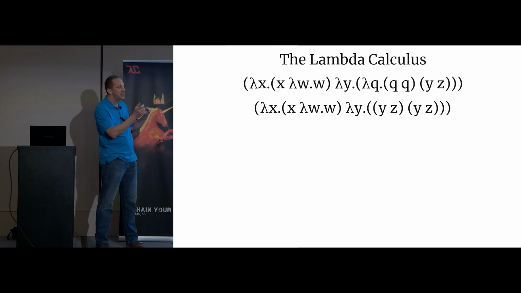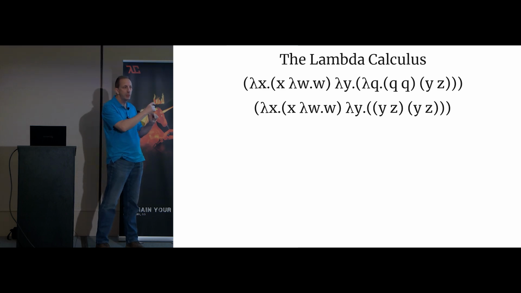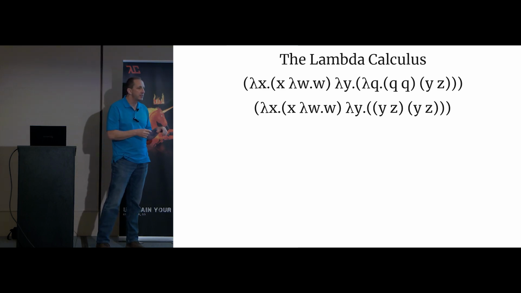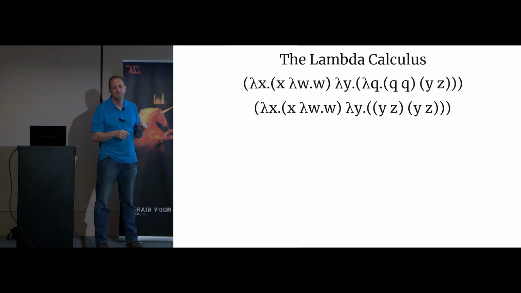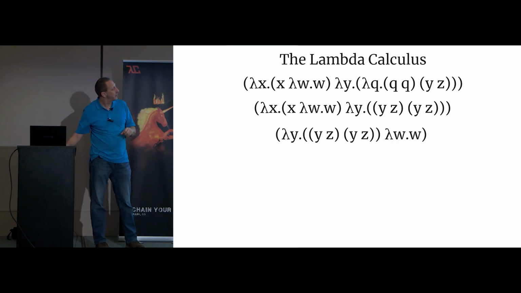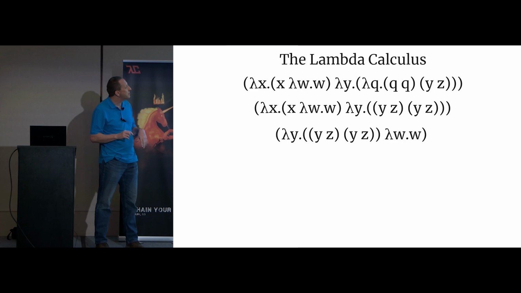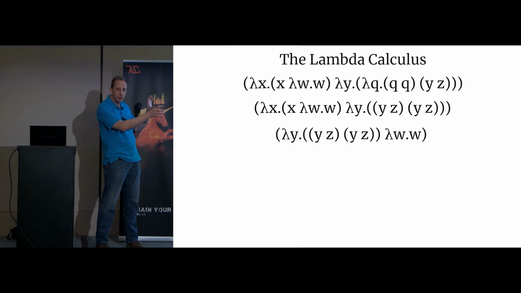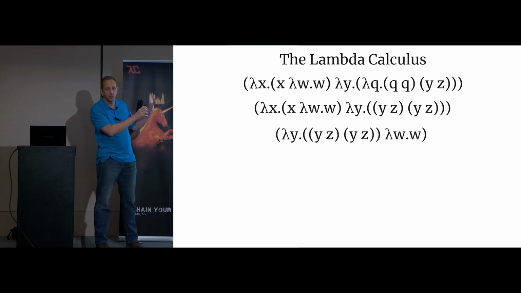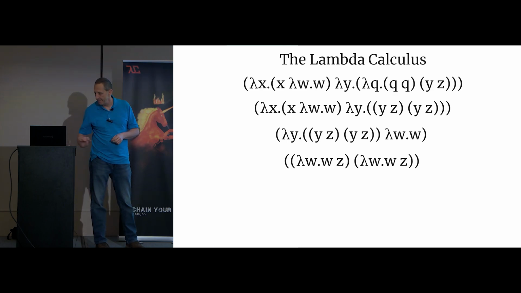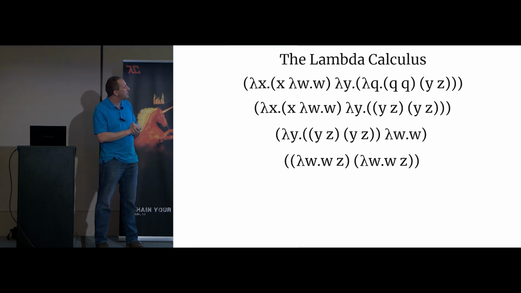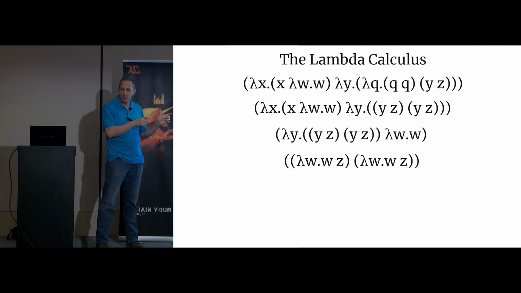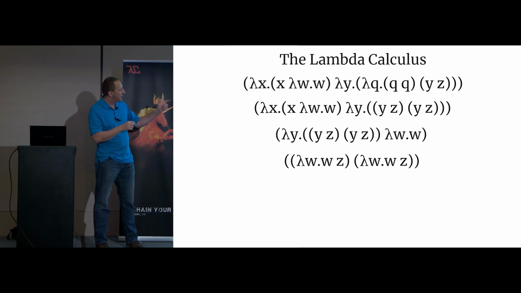So yz gets duplicated and put into both slots where the q is. Simple substitution. And then you do the same thing. You take the whole lambda y expression and drop it into the lambda body of the lambda x expression for x, and you get that. And then you take the lambda w expression and drop it into the lambda y expression, and you get that step.